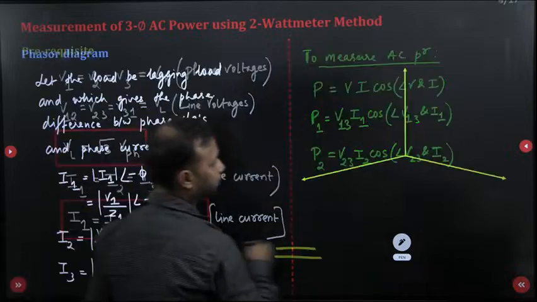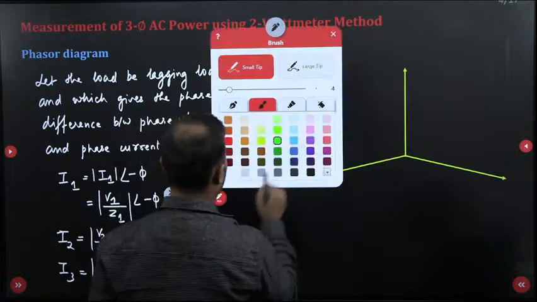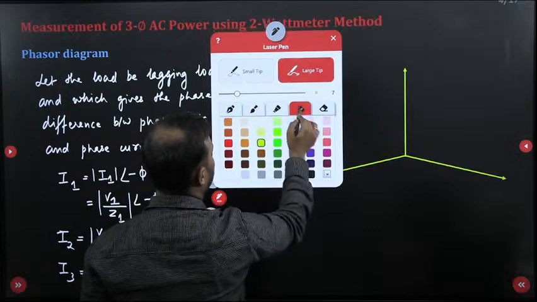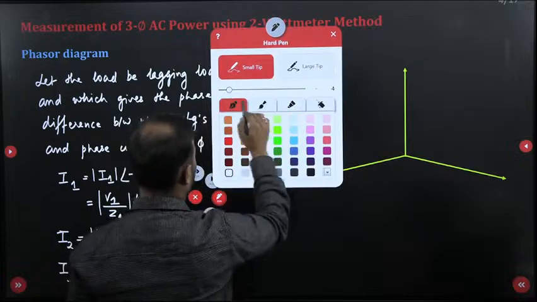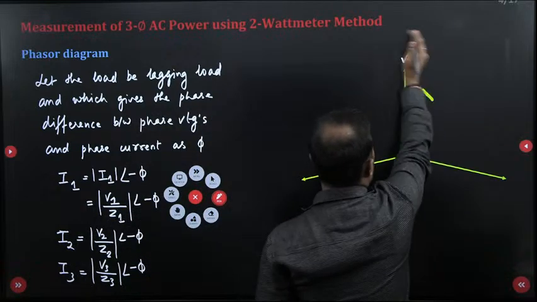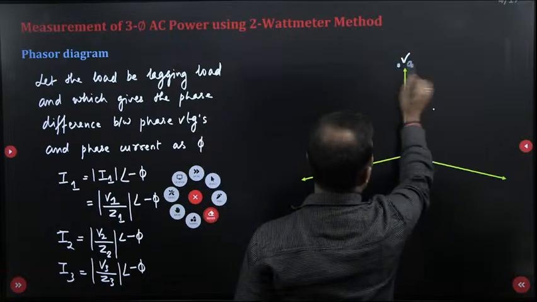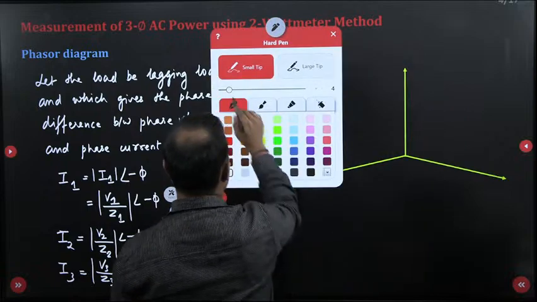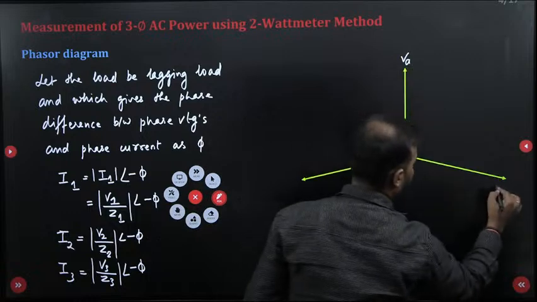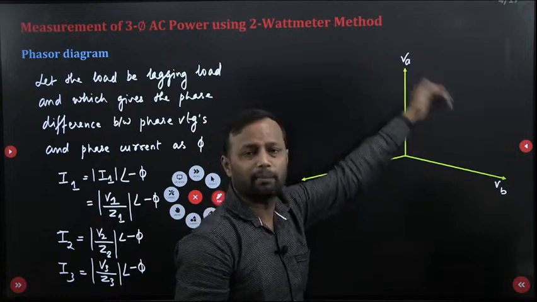Now look at here. Let me take this as phase A, phase B, because phase B will lag phase A by 120 degree.